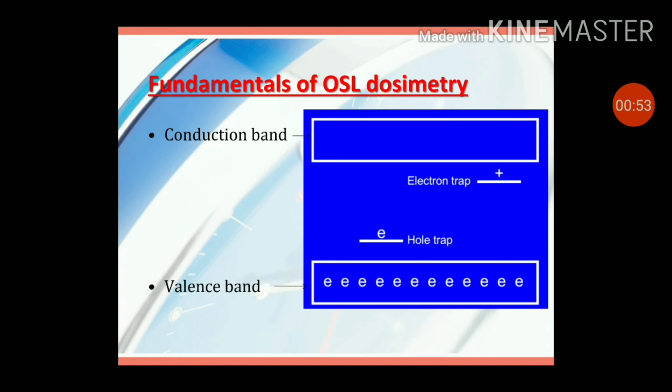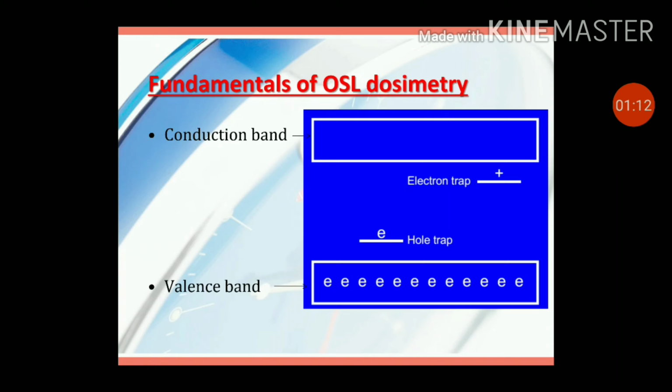So when crystals are exposed to ionizing radiation, electrons are excited to the conduction band and they produce holes in the valence band. The electron hole pairs move freely in the crystal lattice until they recombine with each other, or are captured by localized energy levels which act as traps.